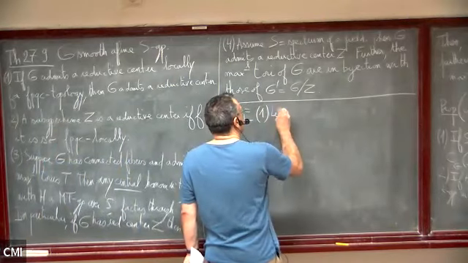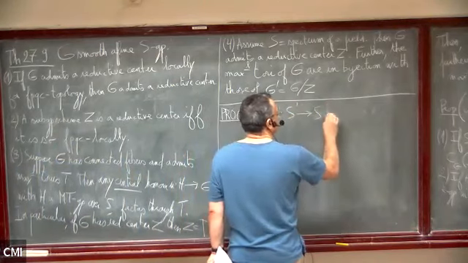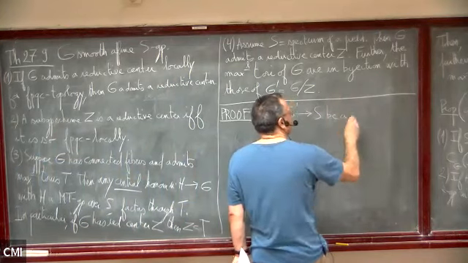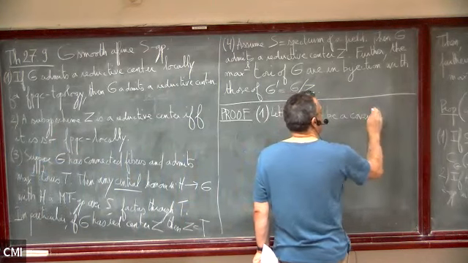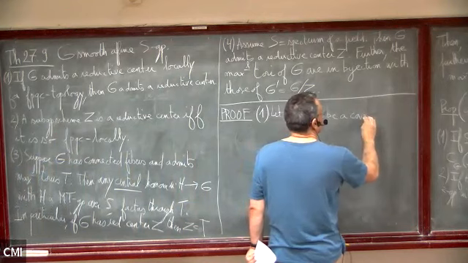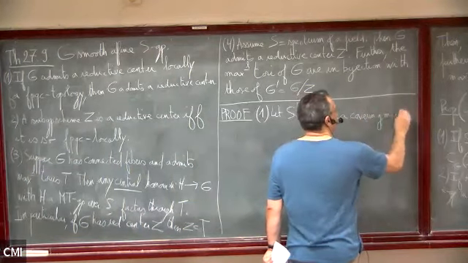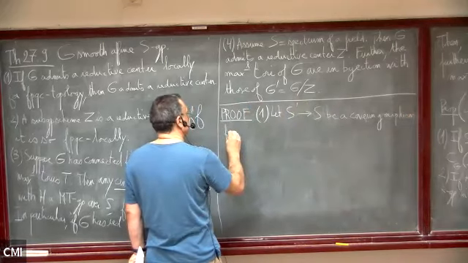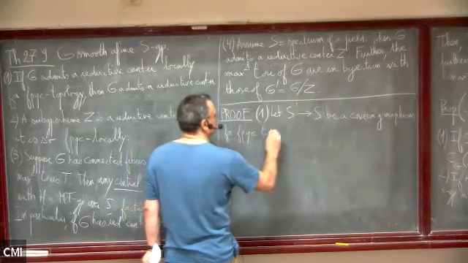So let S prime to S be a covering morphism for the FPQC topology.